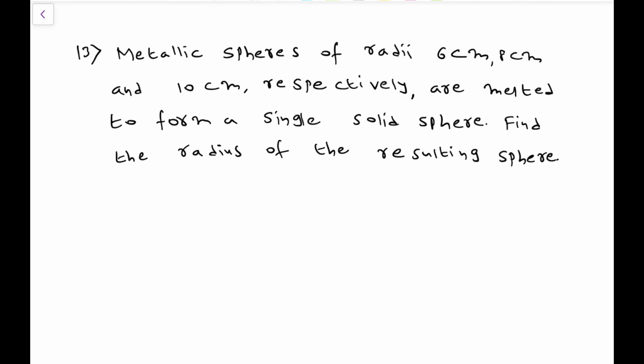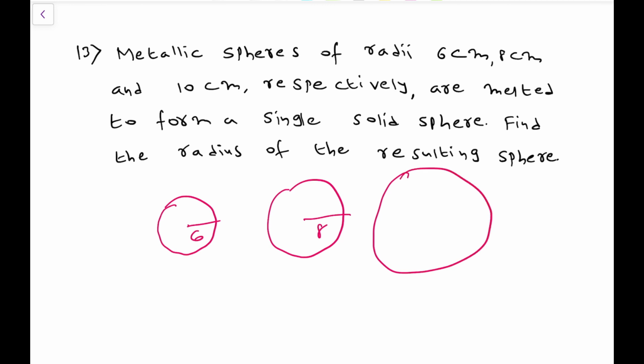Coming to the next question. Metallic spheres of radii 6 centimeter, 8 centimeter and 10 centimeter respectively are melted to form a single solid sphere. Then find the radius of the resulting sphere. We have 3 spheres: the first sphere with 6 centimeter radius, the second with 8 centimeter radius and the third sphere with 10 centimeter radius.